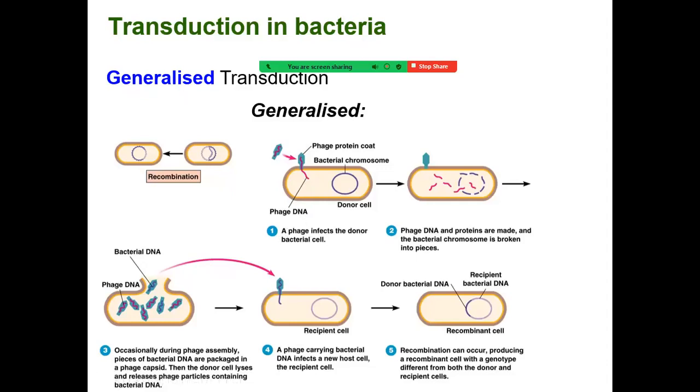And then the last thing this virus does is it codes for the destruction of this cell. And when this cell bursts, it releases the newly replicated viruses. And then they will go on and infect other cells. And that's just the life cycle of a virus.